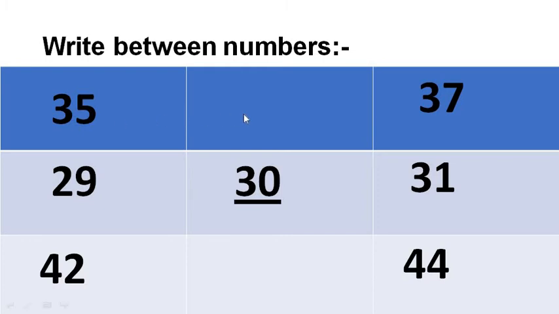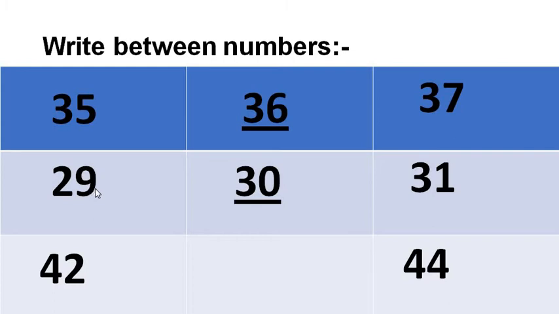Which number will come? 36. And before 37, which number will come? 31, 32, 33, 34, 35, 36, 37. So before 37 there comes 36. So whenever we want to find between numbers, we have to first find the after number of these as well as the before number of these, and we will get the between number.